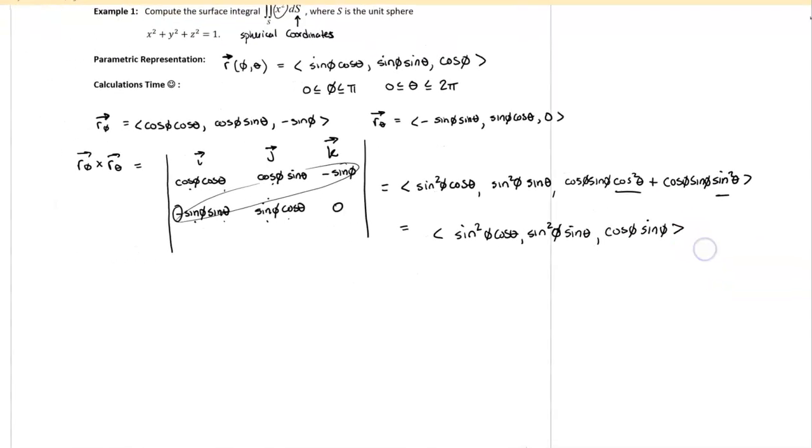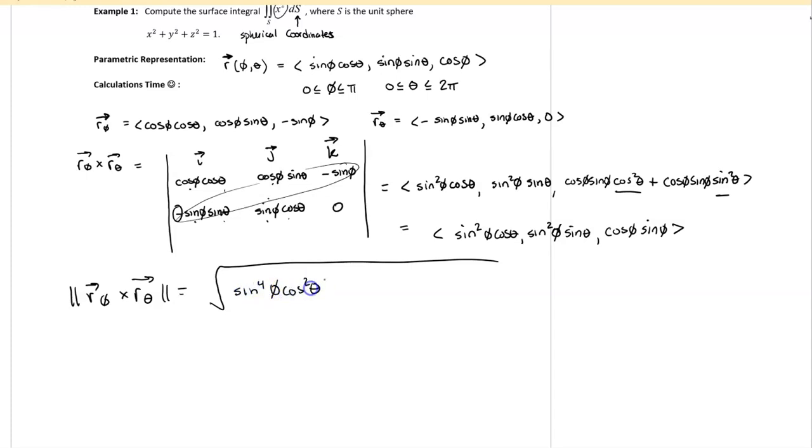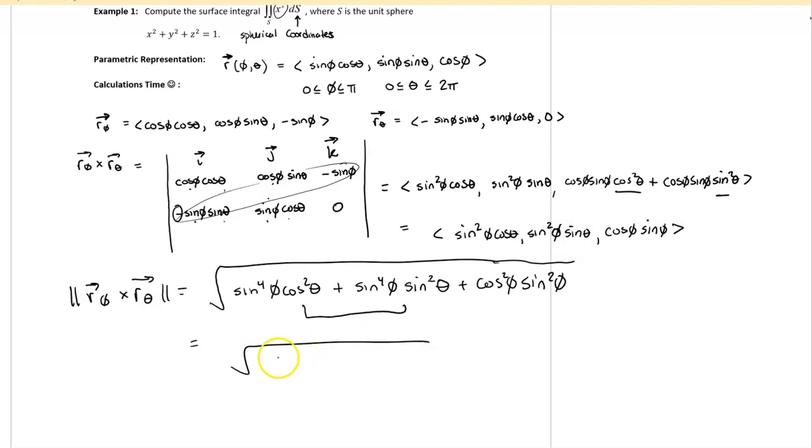And then, of course, we have to take the magnitude of this, which should be the square root of all of those components squared. So let's write them down, added together. Sine to the fourth phi cosine squared theta plus sine to the fourth phi sine squared theta. You might notice we might be able to do something with those two, plus cosine squared phi sine squared phi. When we look at these two, they add together to make sine to the fourth phi.